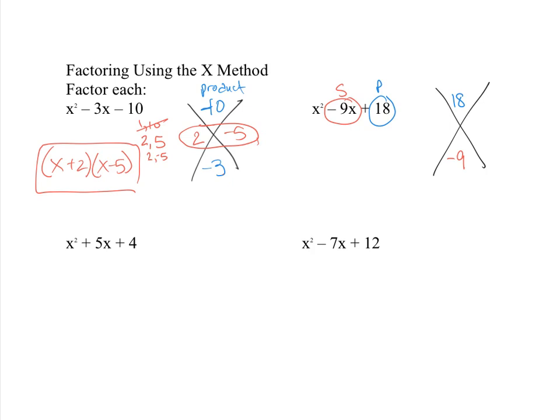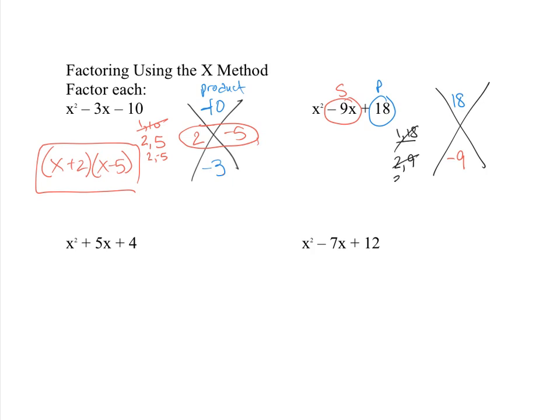If I choose 1 and 18, if I multiply these two, I get 18, but I can't add these two in any way to get -9, so that doesn't work. Let's try 2 and 9. 2 and 9 gives me 18 when I multiply, but again, I cannot add up these two in any way, no matter which one was negative or if they both were negative, to give me -9.